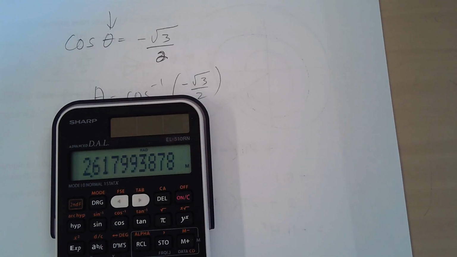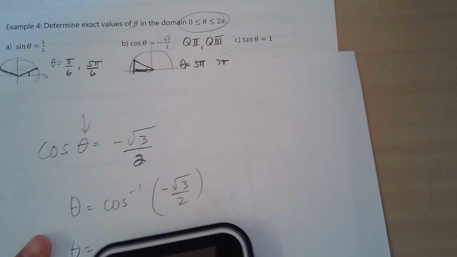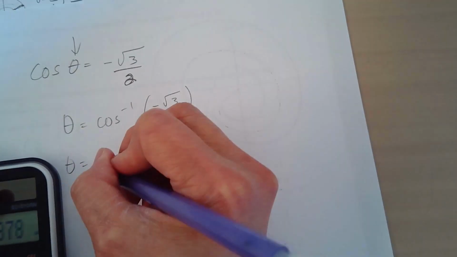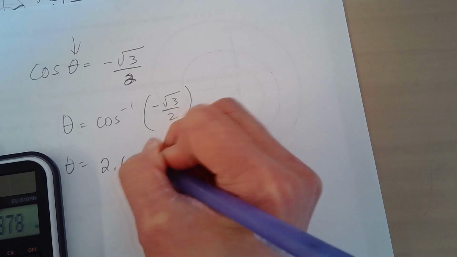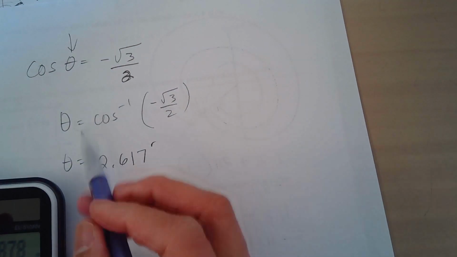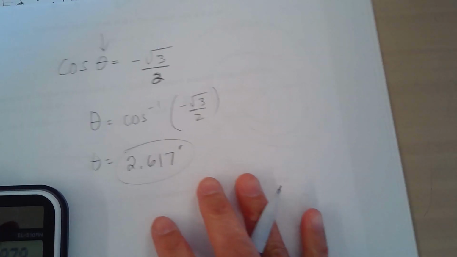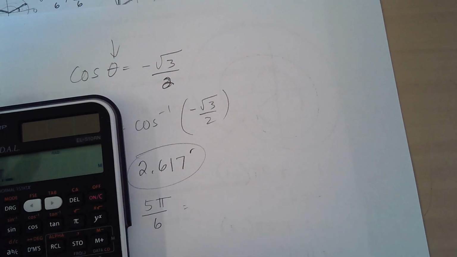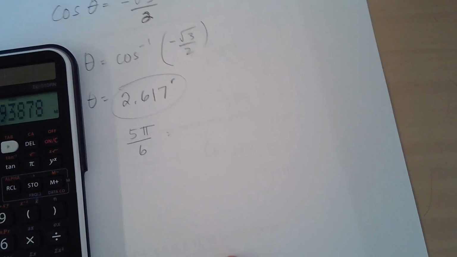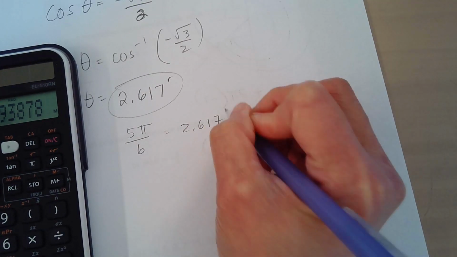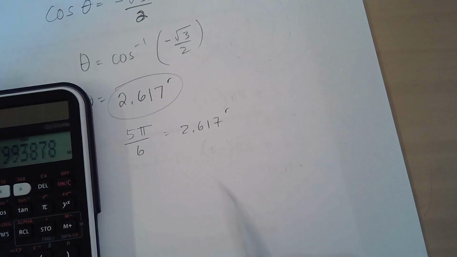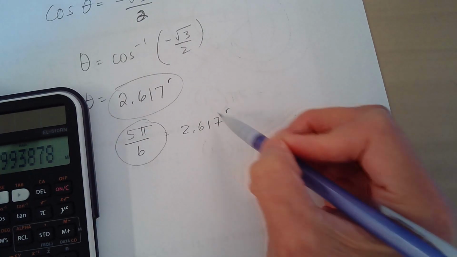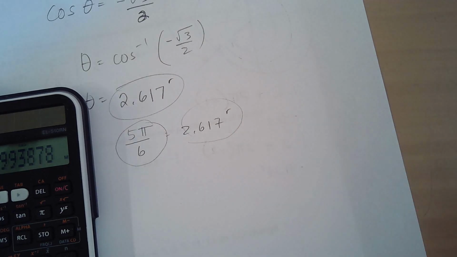One-sixth pi. It's going to give me 2.6 radians. Well, what's 2.6 radians? 2.617 radians. This is approximate. But if we go 5 pi over 6, 5 pi divided by 6, this is exact, this is approximate.